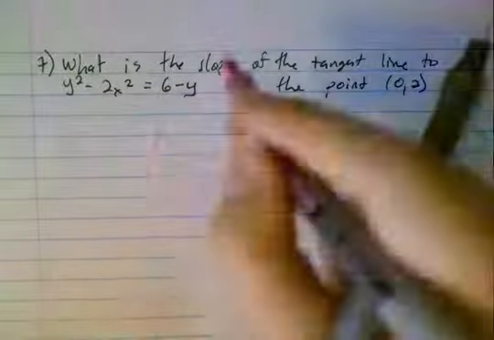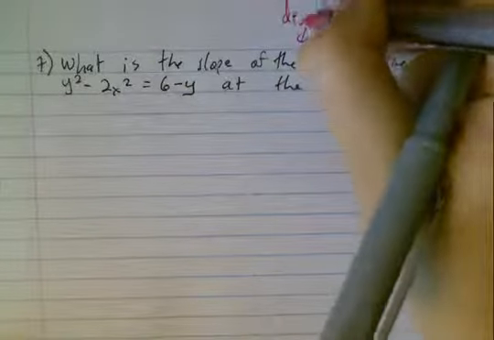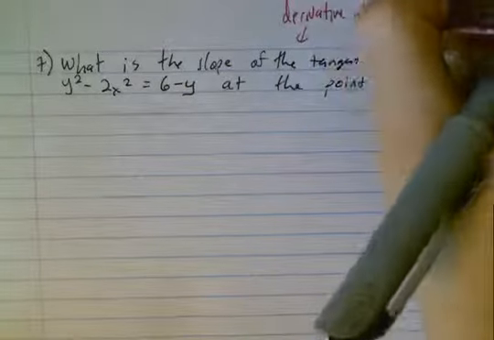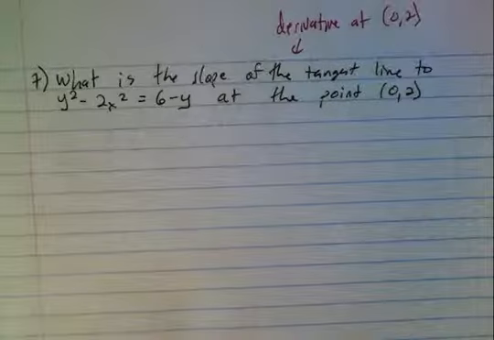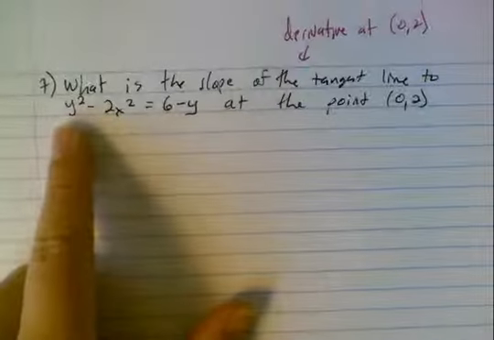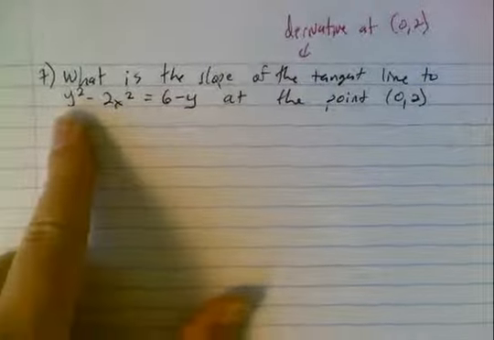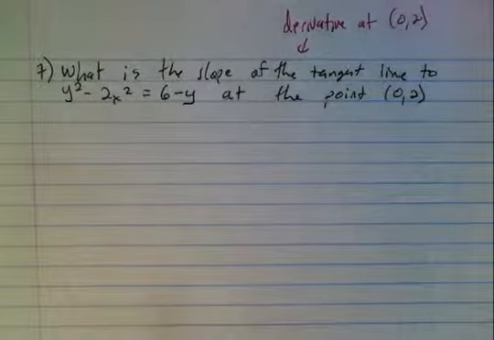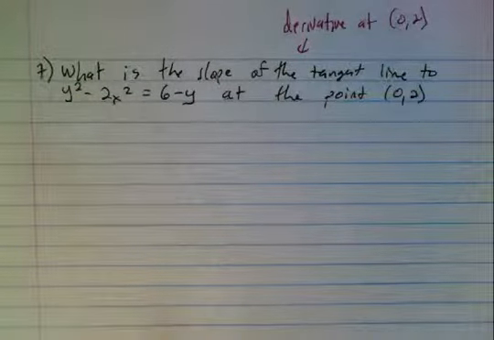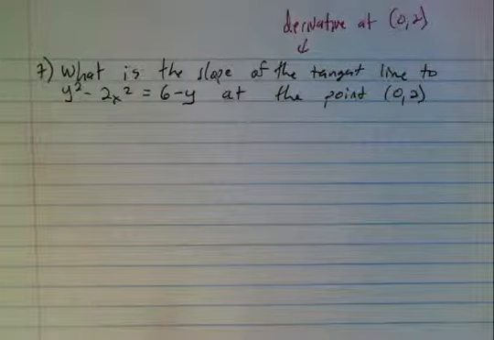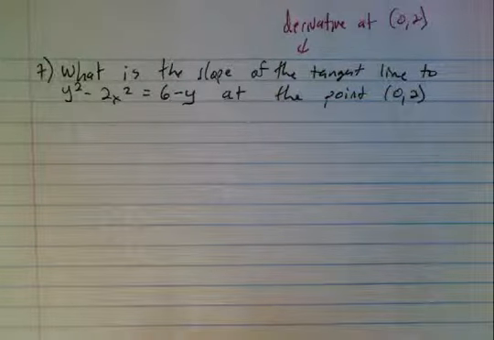Again, slope of the tangent line is just saying derivative at 0, 2. Now notice that we can't get y by itself because we've got this y squared here. This is going to be using implicit differentiation. So if you don't know how to do implicit differentiation, go back and look at the lecture titled Implicit Differentiation. Go back and review that first.